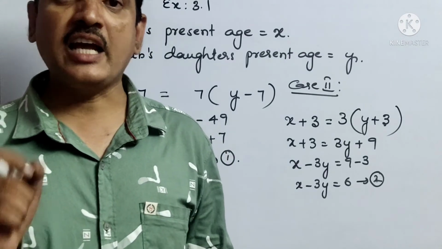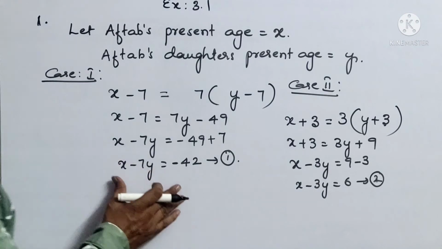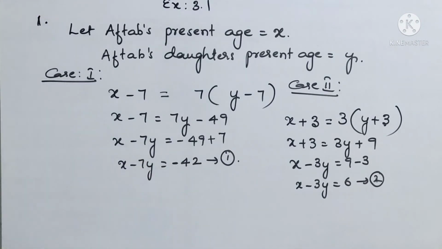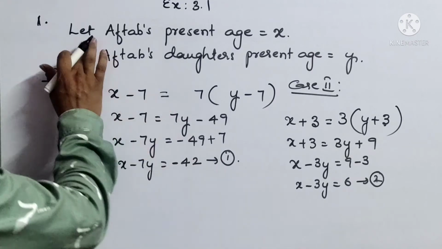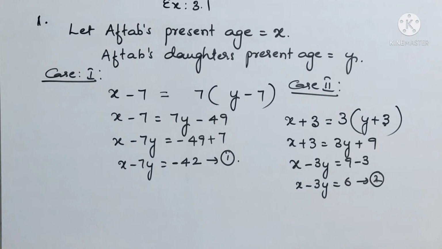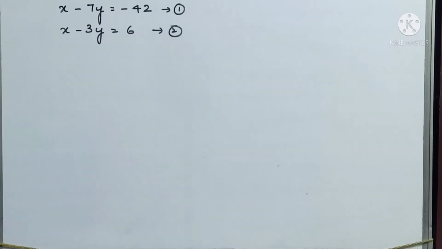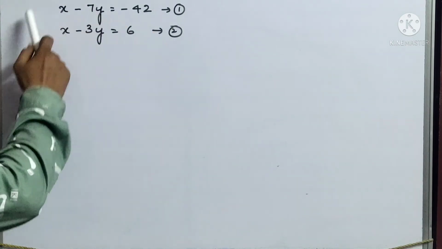Now what he asks is graphically. When he asks graphically, take these 2 equations again. There is no place here, so I'll write these 2 equations here, and I am going to teach you how to solve for the graph. Now see here, I wrote the 2 equations.